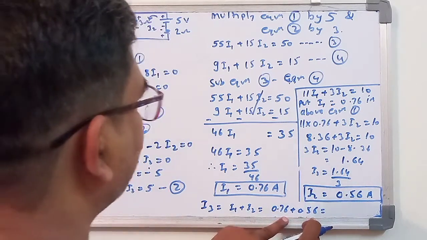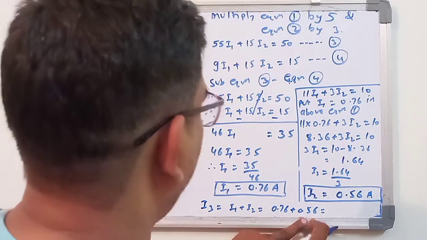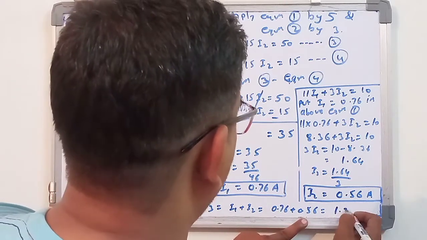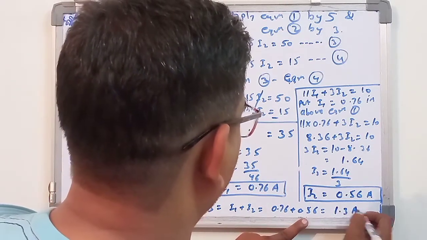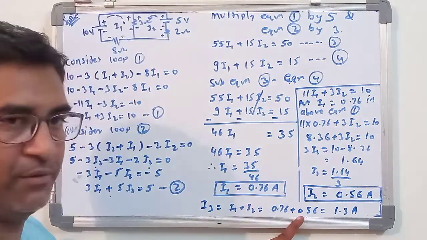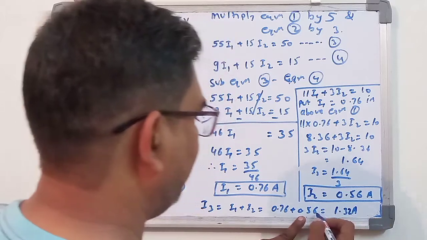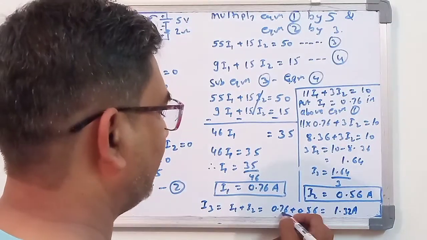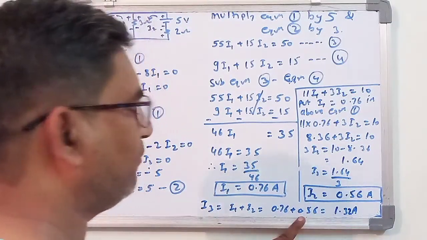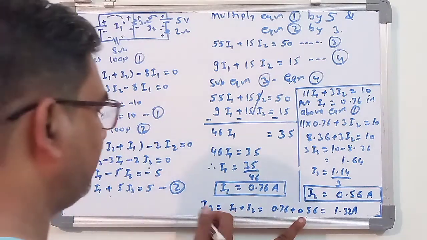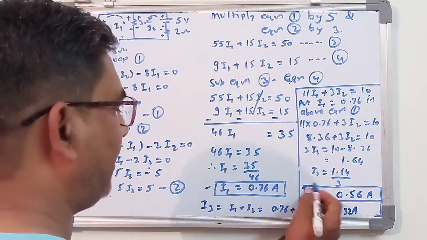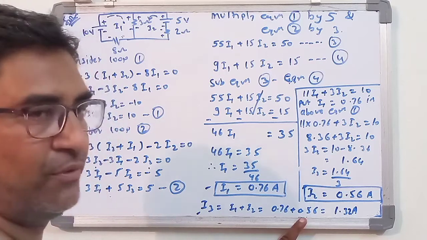So after addition, you will obtain the value 1.33 ampere. Sorry, it is 1.32 ampere. So in this way you will obtain the I1 value, I2 value and the I3 value.